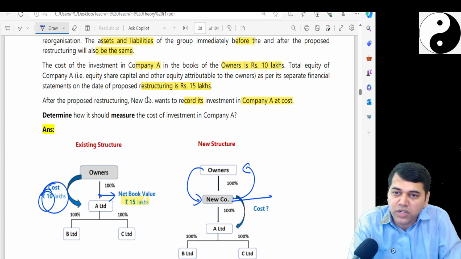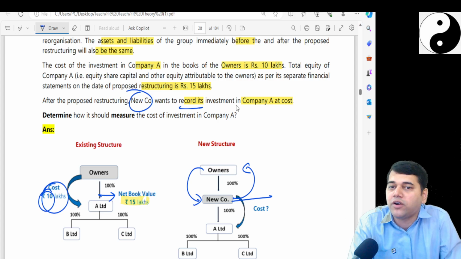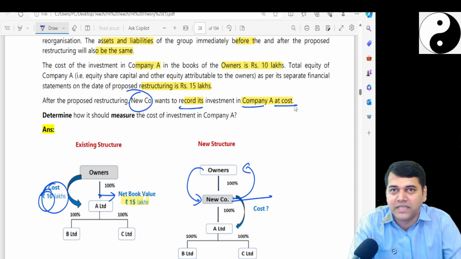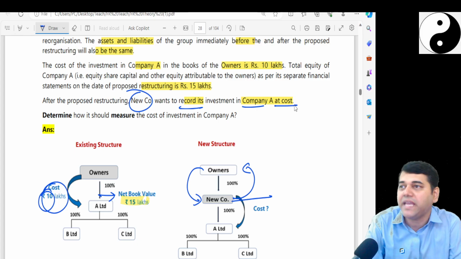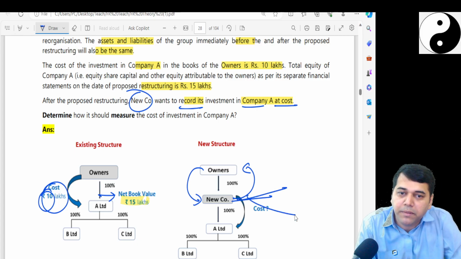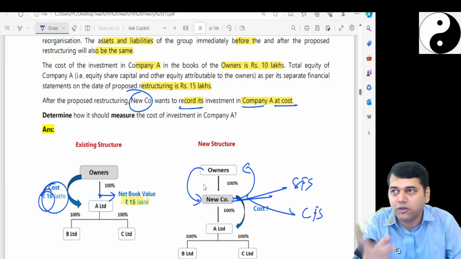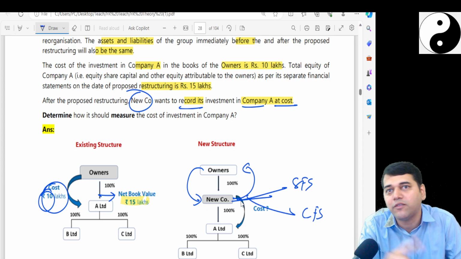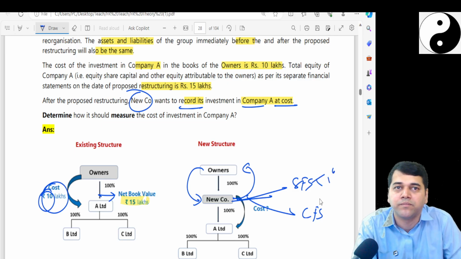Now, new company wants to record its investment at the cost. You have to record its investment in its separate statements. It will say, I have invested in company A. Now, new company will prepare SFS, CFS. Forget about CFS. They are going to prepare an SFS also. In SFS, they want to record at cost under Ind AS 109.